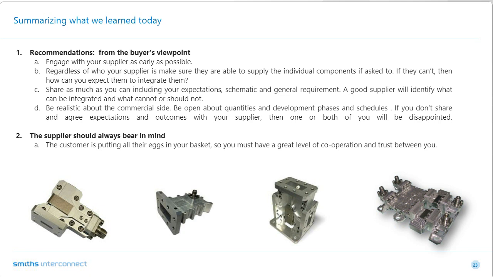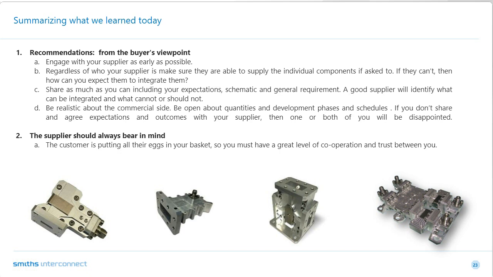Again, what has been stressed here on several occasions is that if you're going to procure a multifunction assembly, the supplier should be able to make every one of those individual components within the assembly. Because if they can't do the individual components, there's risk to the buyer that they will not be able to totally integrate something they haven't done before.